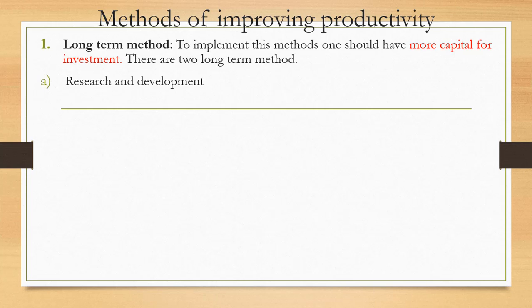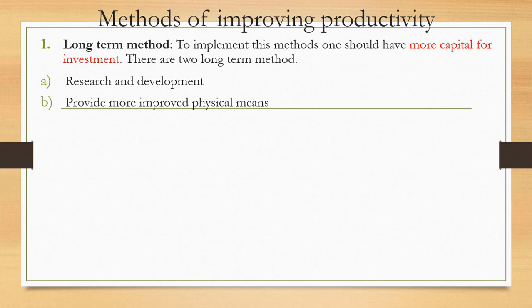Productivity can be increased by very much effort, and we have to put more time to improve productivity by researching and by developing the design of overall system, by developing resources, by developing overall system of the production. So that is a long-term method.